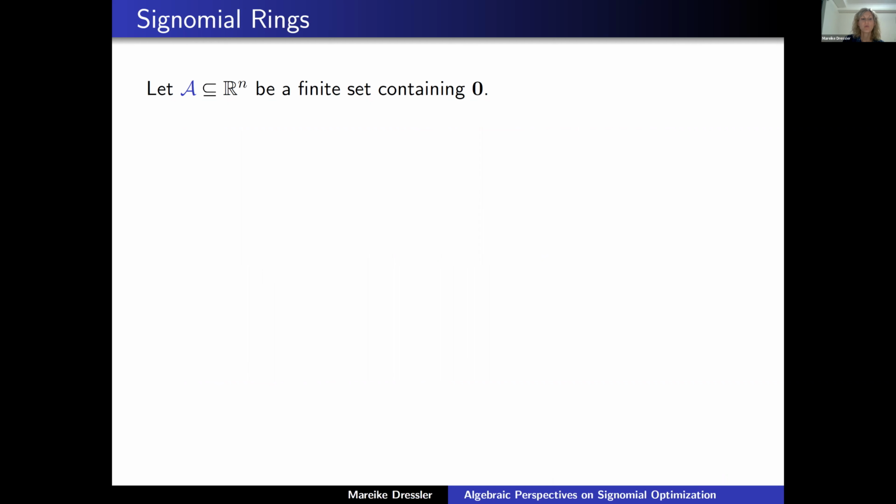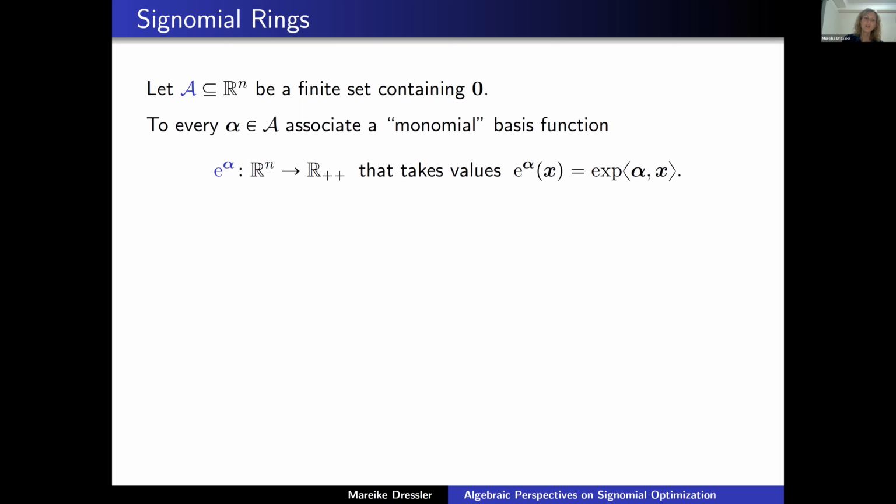So we have this ground set, a finite ground set, curly A, and this is our ground set containing the origin. And to every point in our ground set, we associate a so-called monomial basis function, namely the exponential function, which takes the usual values.